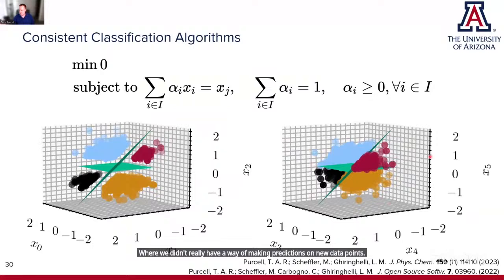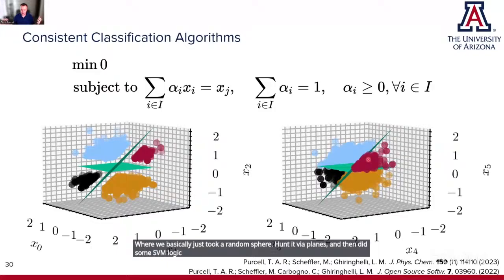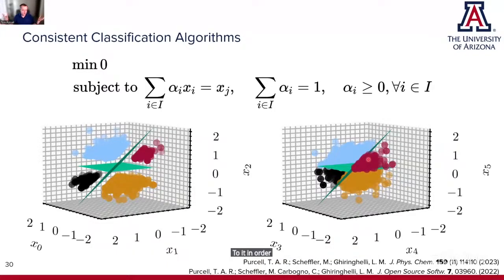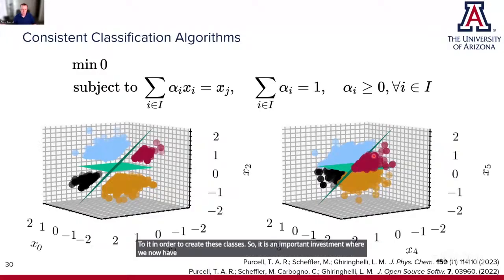So it's just showing that it works for this 4-class system where we basically just took a random sphere, cut it via planes, and then did some SVM logic to it in order to create these classes. So it is an important advancement where we now have prediction capabilities for both regression and classification problems.